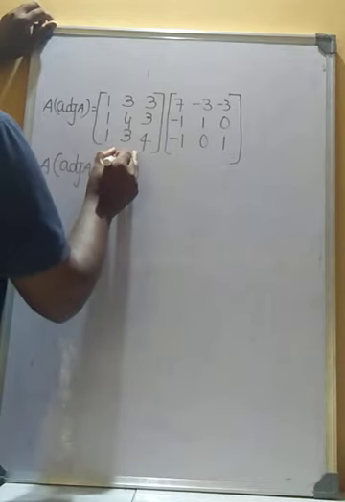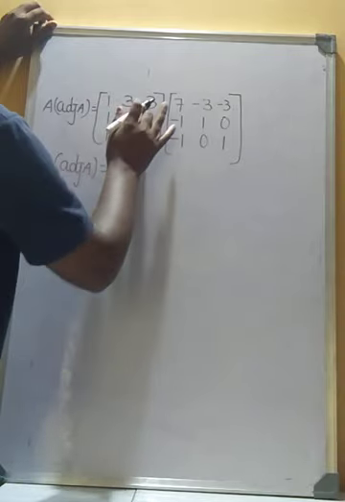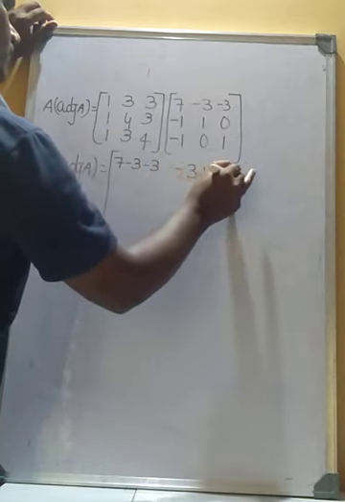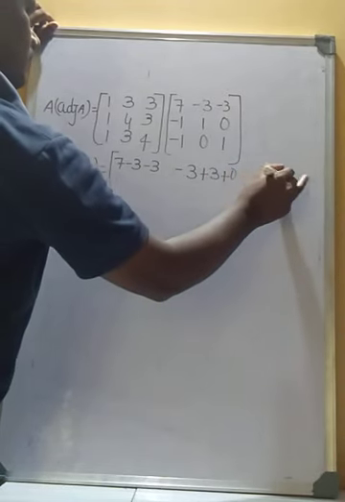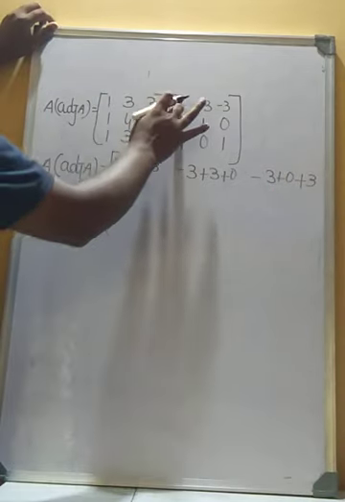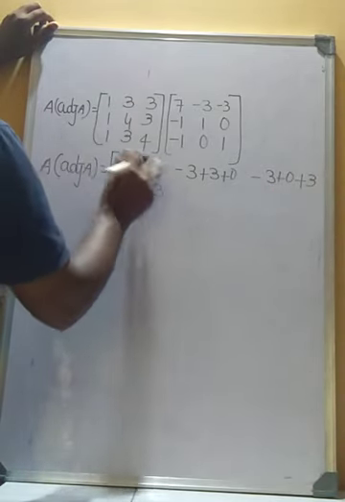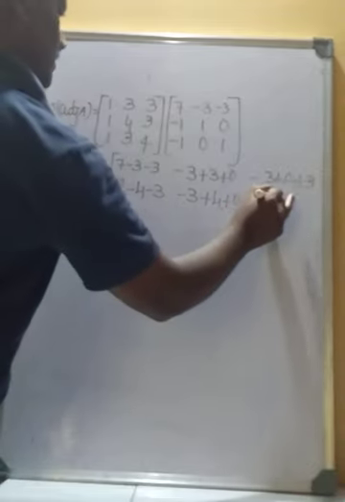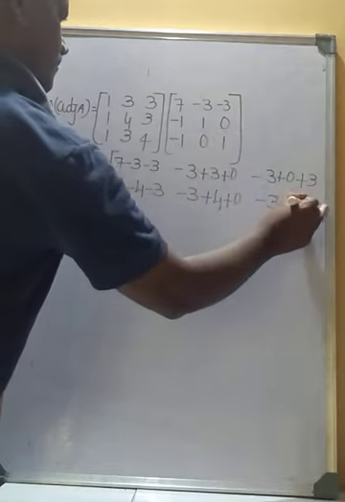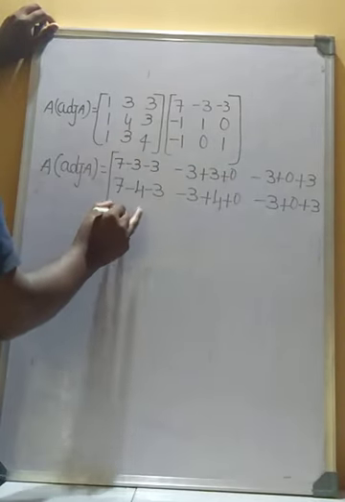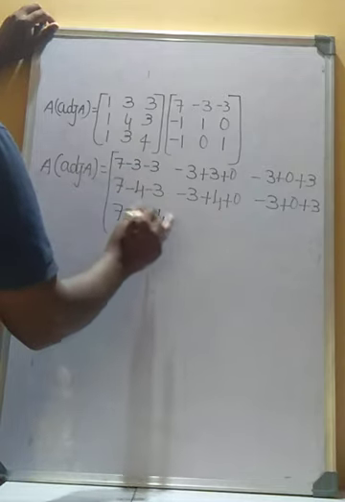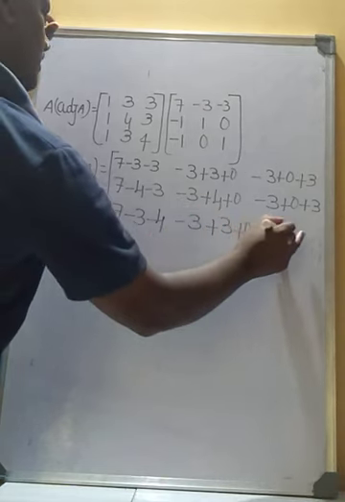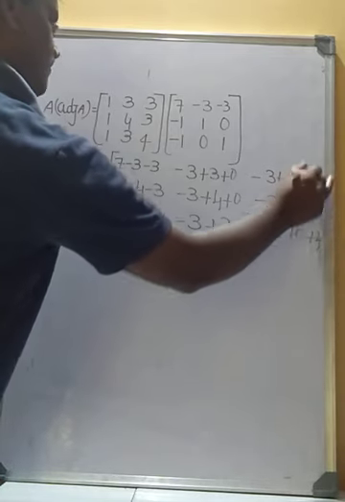1 7 7, minus 3 again minus 3, minus 3 plus 3 is 0, minus 3 plus 3 is 0, 7 minus 4 minus 3 plus 4 is 0, minus 3 plus 3 is 0, 3 ones are 3, 7 minus 3 minus 4, minus 3 plus 3 is 0, minus 3 plus 0 plus 4.